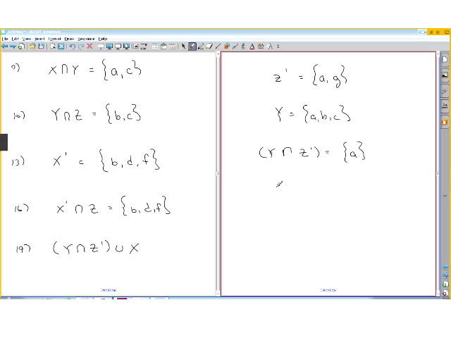And then we take that union with X. So X is the set A, C, E, G. When we take the union of this with that, you take all the terms.